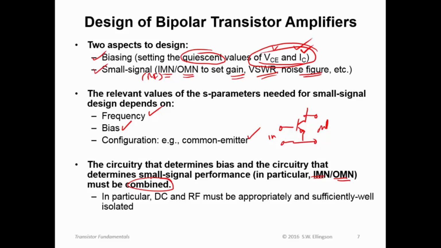In particular, one thing that turns out to be a challenge is how to keep the RF and DC separate. For example, you don't want RF running into the power supply and bypassing the signal path, and you don't want DC necessarily traveling from component to component in the signal path. So this turns out to be a large part of the job of designing transistor amplifiers.